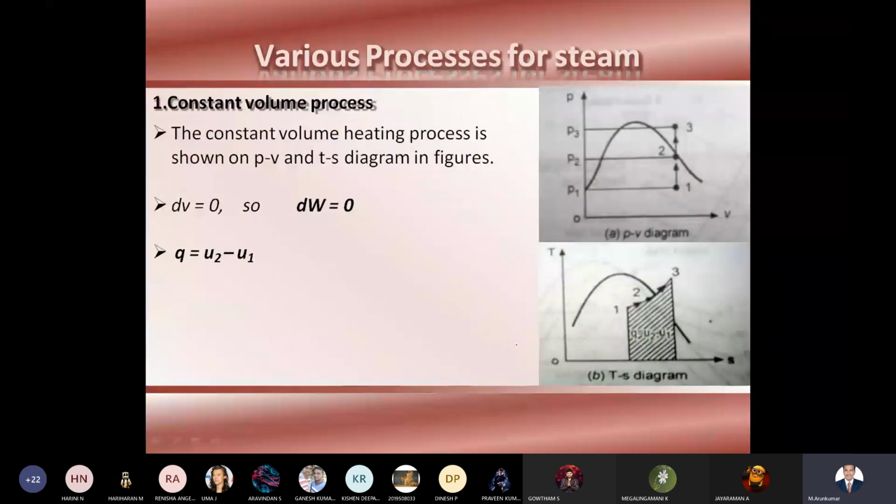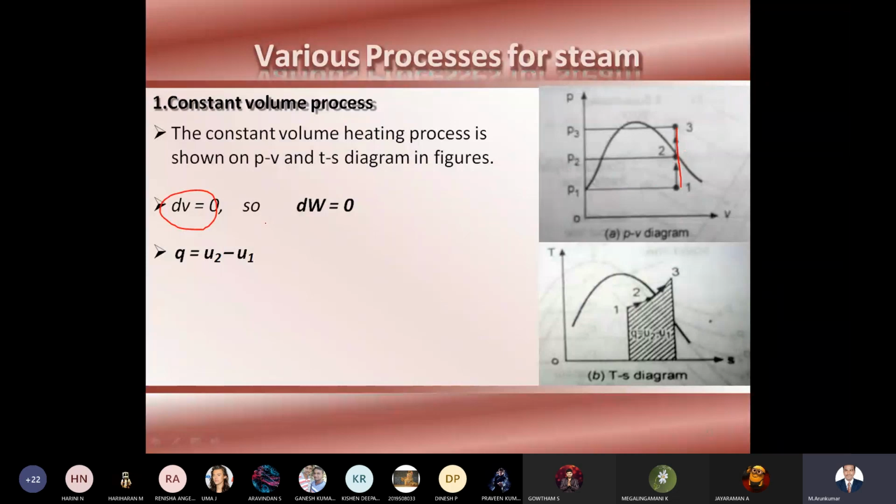Then we can have the various processes of steam. First, the constant volume process. The constant volume heating process is shown in the PV and TS diagrams. So this is the PV diagram, and this is the constant volume process, right? If the process is constant volume, the change in volume will be 0, from process 1 to 2, then process 2 to 3.